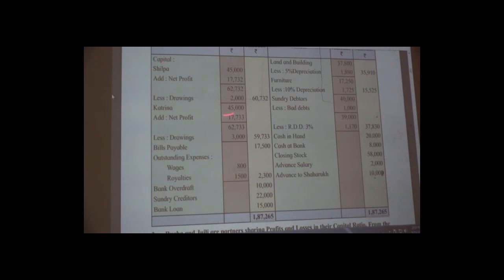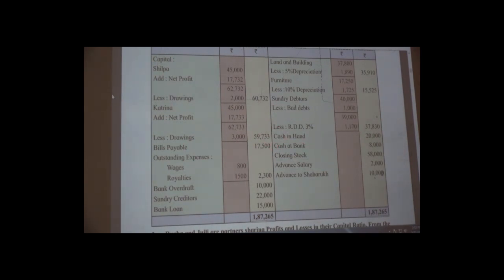See, the second partner Katrina, her capital is 45,000 and we are going to add the net profit which we have distributed to her, that is 17,733. So the total is 62,733. She has made drawings of rupees 3,000. So deduct those drawings and write down the remaining amount on the outer column, that is 59,733. So in this way we have recorded the capitals of all partners.